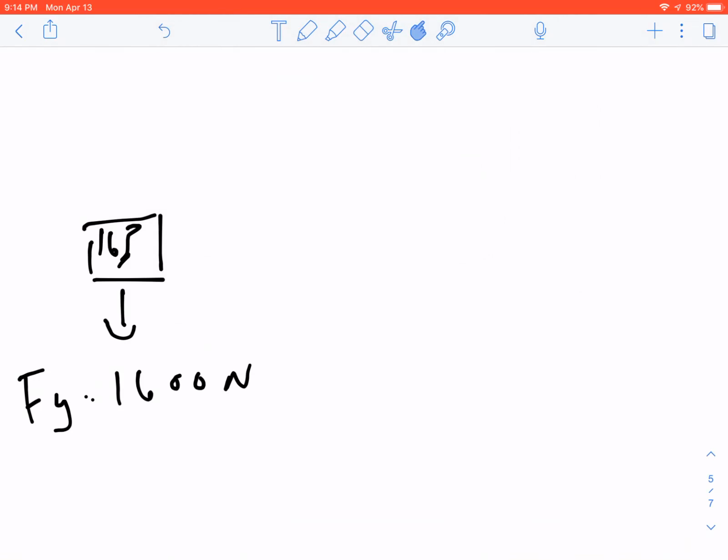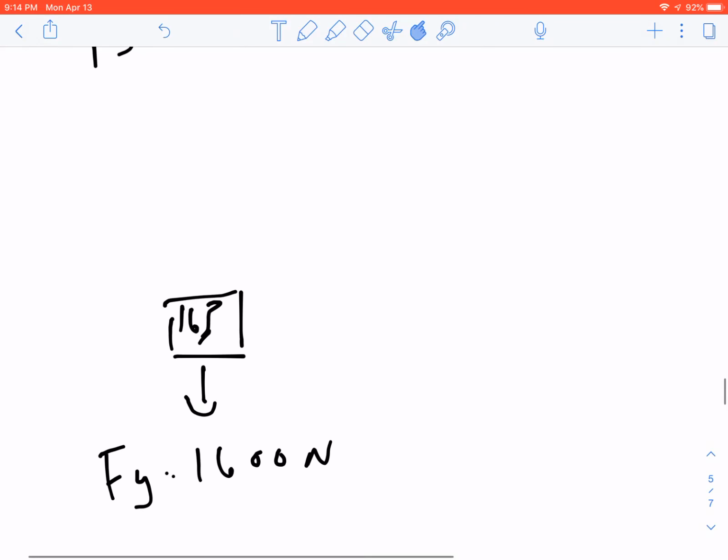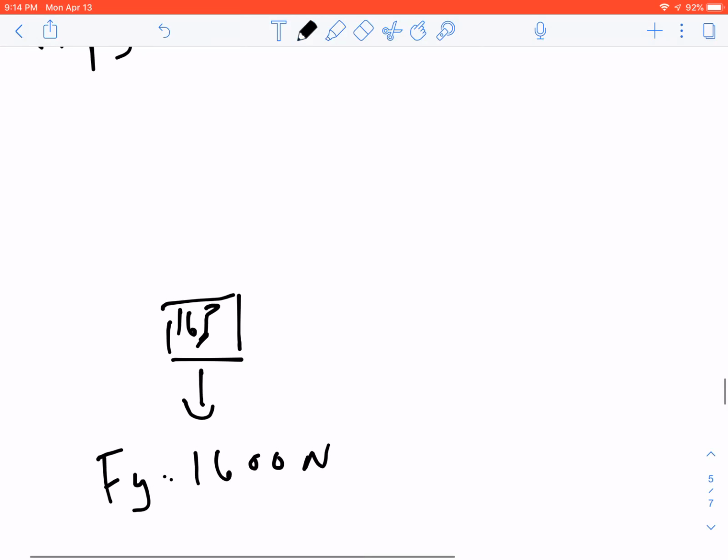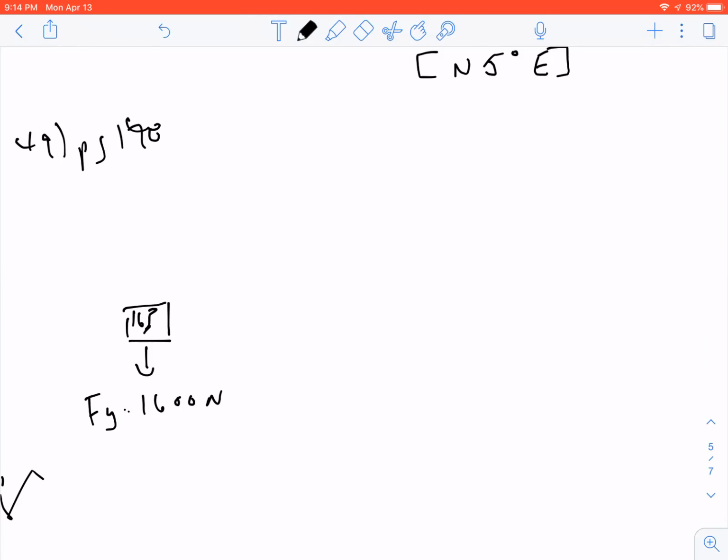Alright, so if I look at the two other forces. One force says look left, and rotate 80 degrees up.